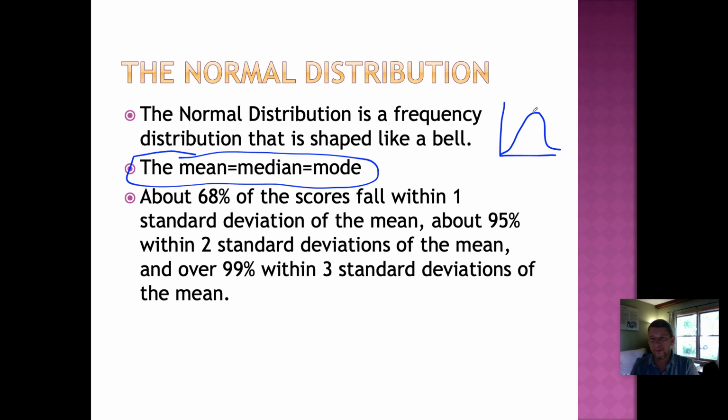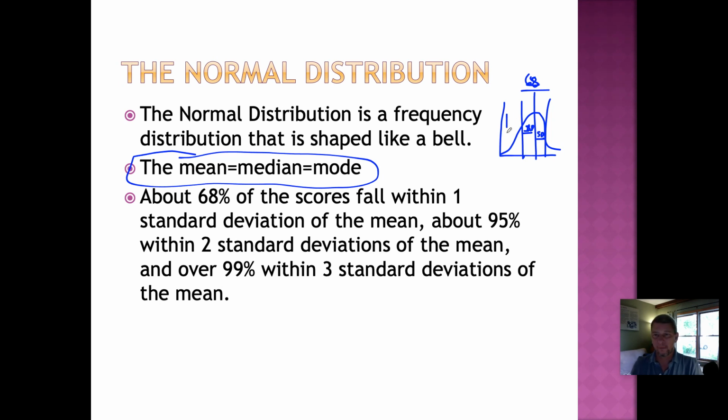So if this line here is the mean, then if we go 1 standard deviation this way, SD, and 1 standard deviation this way, 68% of the scores are going to fall in that large portion.